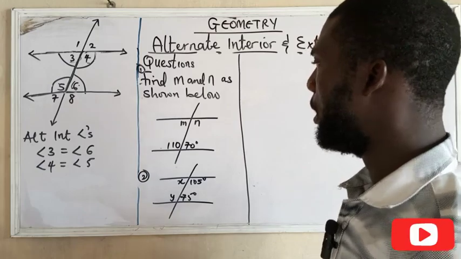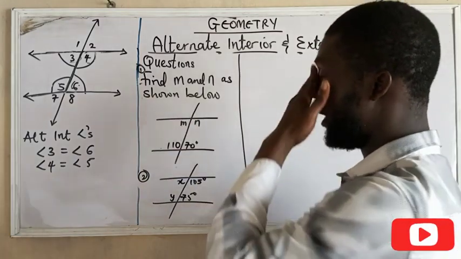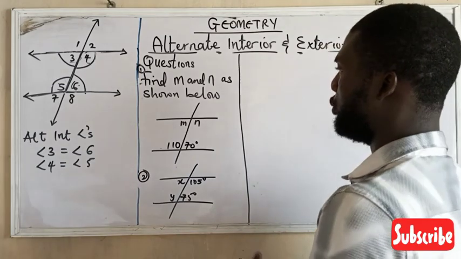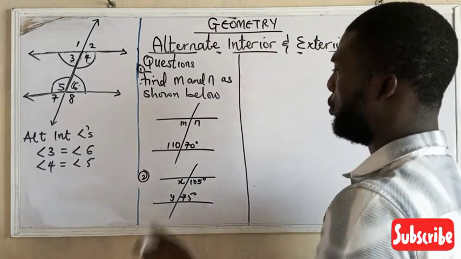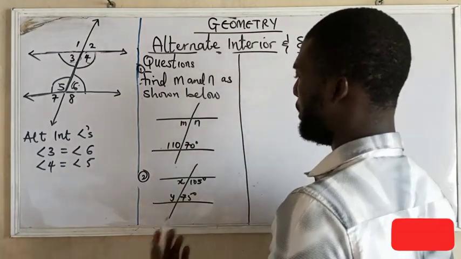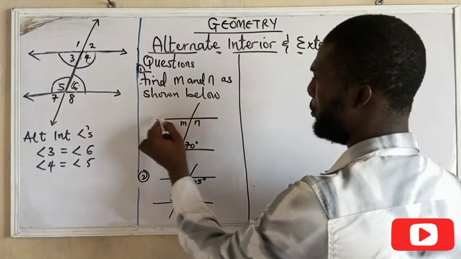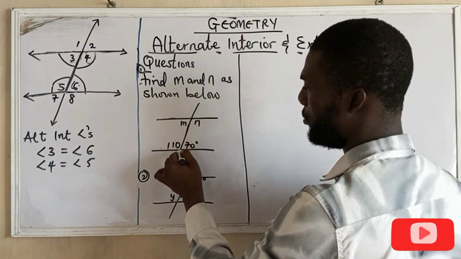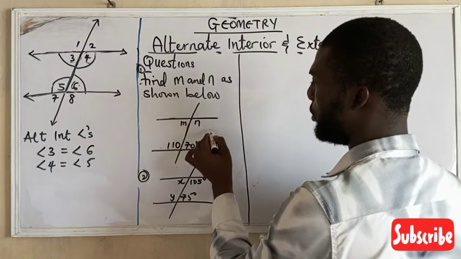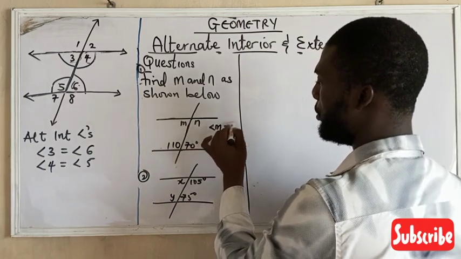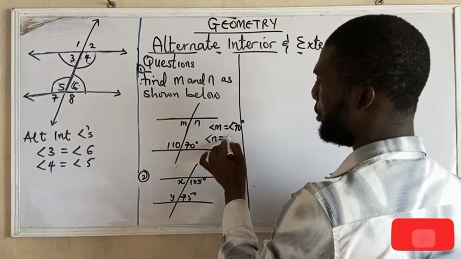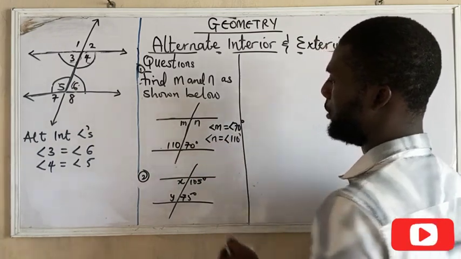And if I want to find it here, let's look at the question. The question says, find M and N shown below. So this is M and N. There's no need to stress myself. Let's look at the Z shape. So it means that angle M equals angle 70 and angle N equals angle 110 degrees.